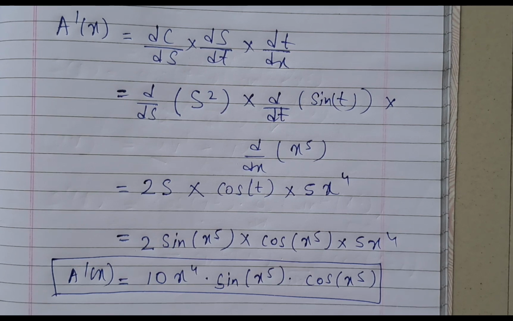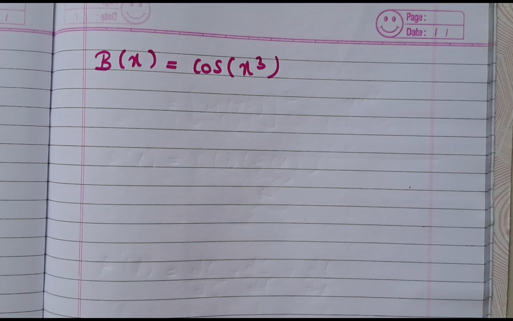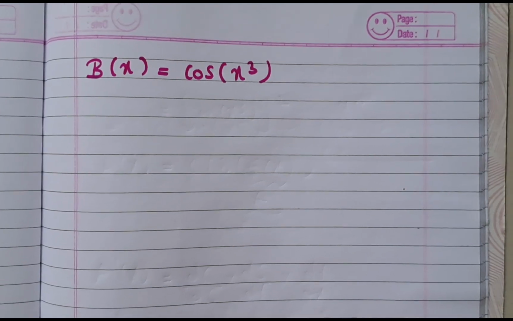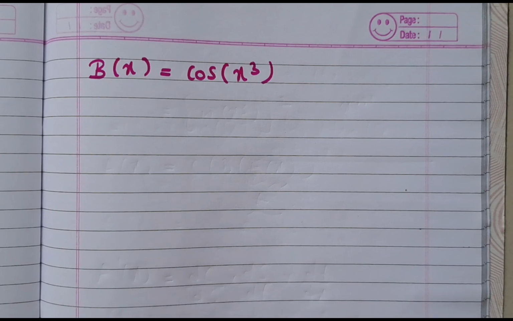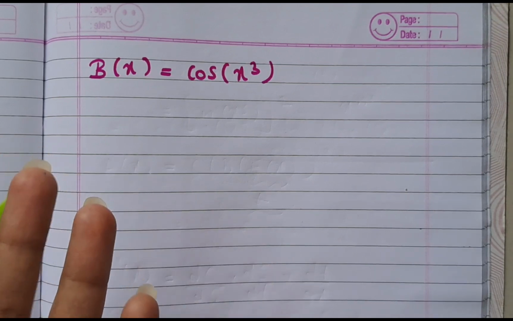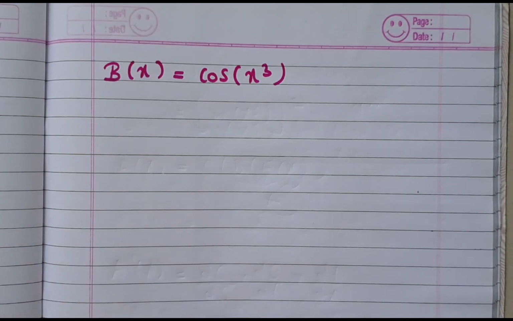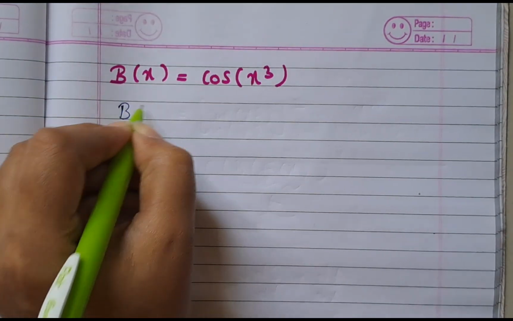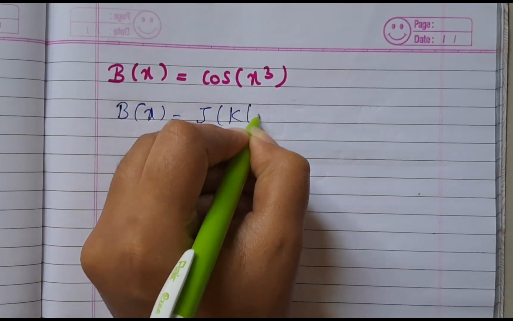Now we'll be finding the derivative of b of x. So now here we have our second term, which is b of x, equal to cos of x cube. So again, this one is a simpler one. This is a combination of just two functions, which is cos and x cube. So now we'll directly solve it. So b of x we can directly write as j of k of x.